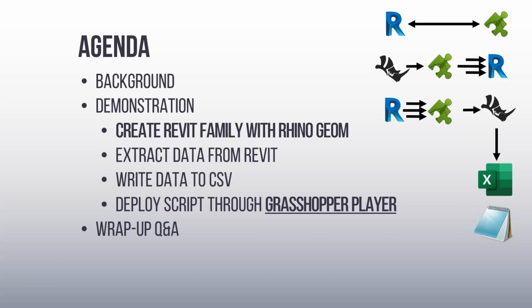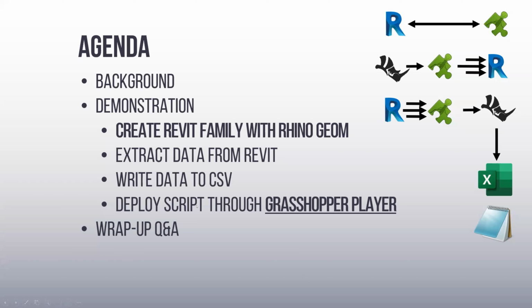We'll also cover how to extract information from the Revit model. So if you want a lot of the information on all of the walls in the model or all of the casework, you'd be able to extract that out. And I'll show you just how to create a quick Grasshopper script to achieve that.